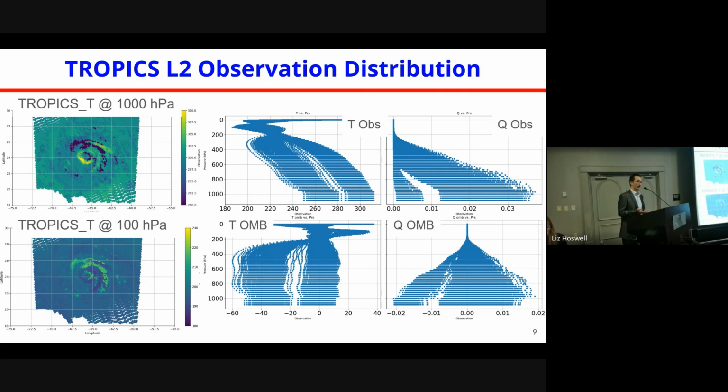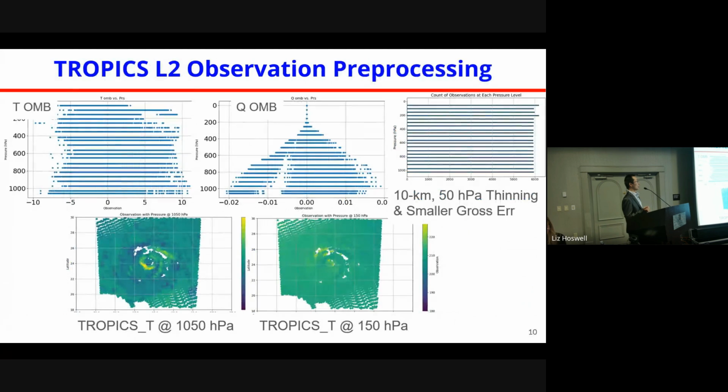However, when you look at the OMB on the lower right panel, you will notice there is a large inconsistency between the observation and the background. The OMB in the temperature field can be up to 60K, which is not acceptable.